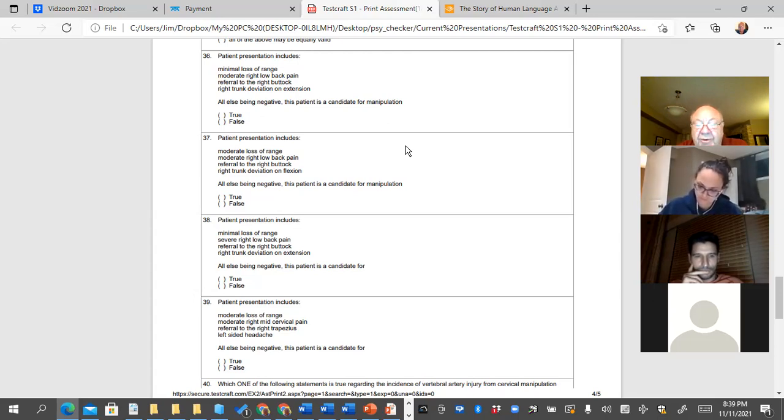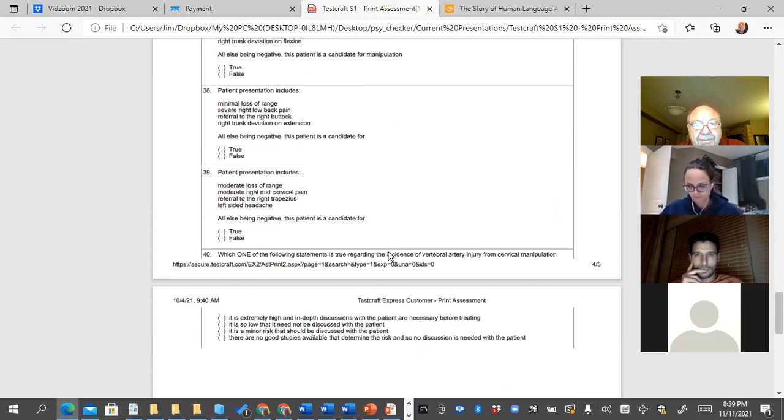It's the one you didn't have any trouble with, Tolu. Minimal loss of range, severe right low back pain, referral to the right buttock, right trunk deviation on extension. And you're quite right. He should be getting a lot more loss of range than he has. I think that's the one I thought you read earlier. So that should be false.